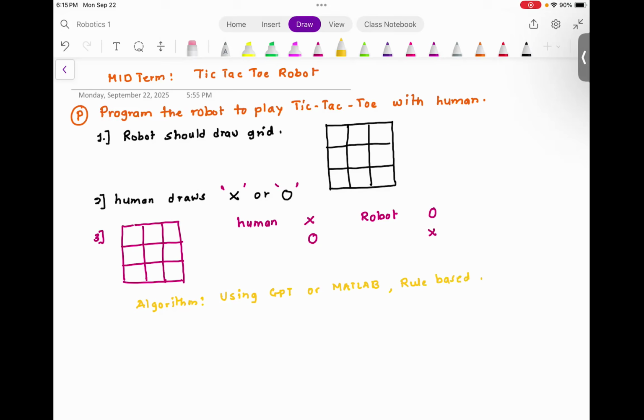So basically, it's a 3x3 grid. You can actually create a rule-based system that tells the robot what the next position should be.